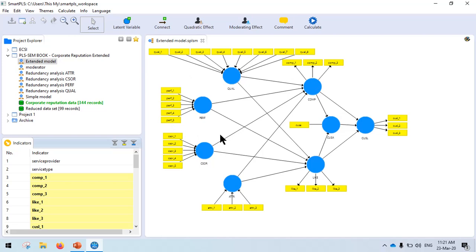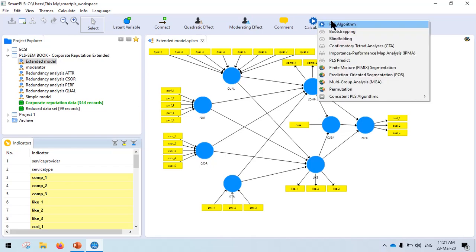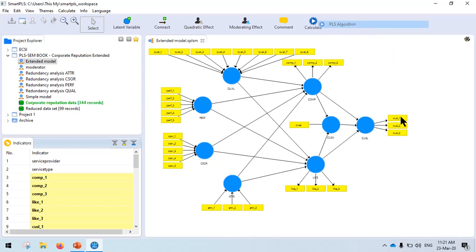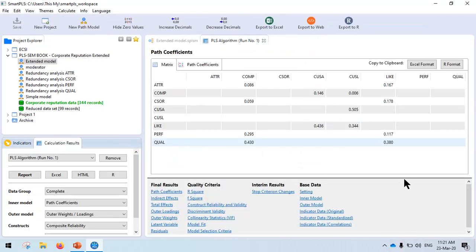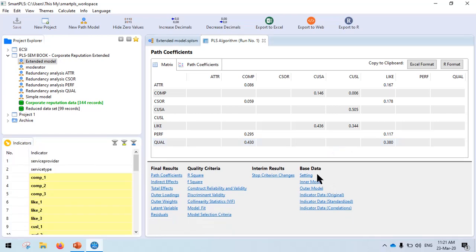Now I will test for the collinearity of the formative construct. Calculate, PLS algorithm, calculate. So I go here to collinearity, VIF.